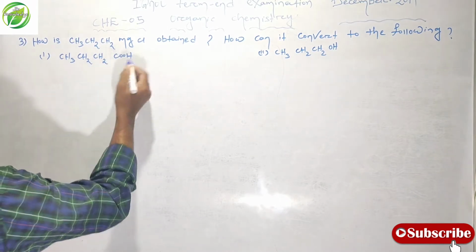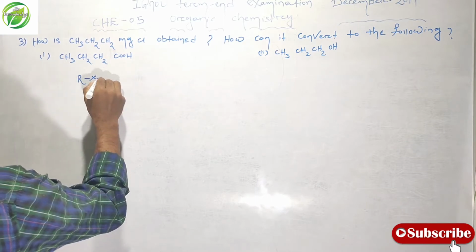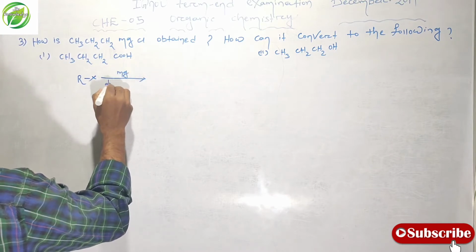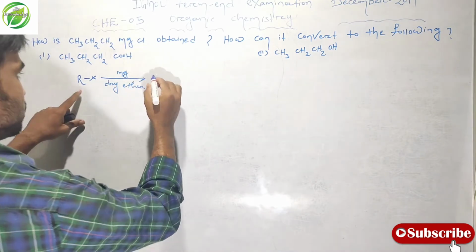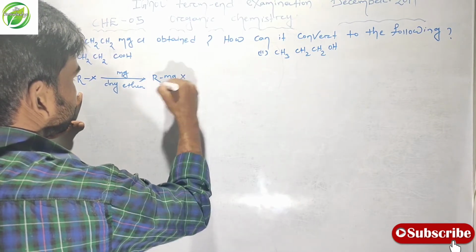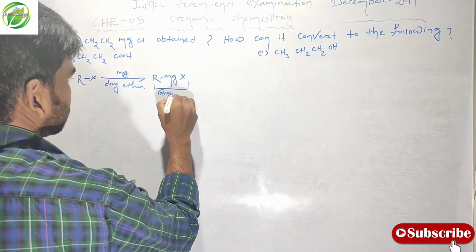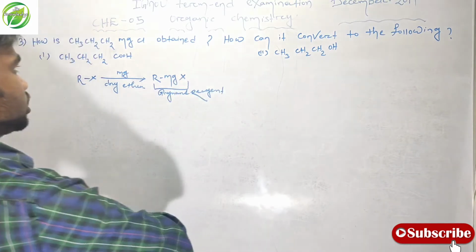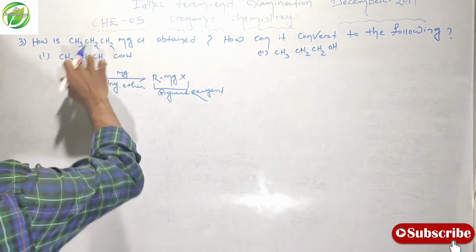Friends, we know alkyl halides react with magnesium in the presence of dry ether. Grignard reagent is formed, that is RMgX. Friends, this is called Grignard reagent. But according to this question, how is this product formed?